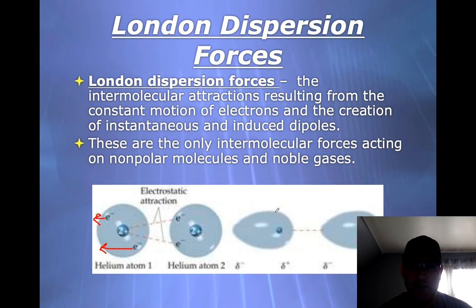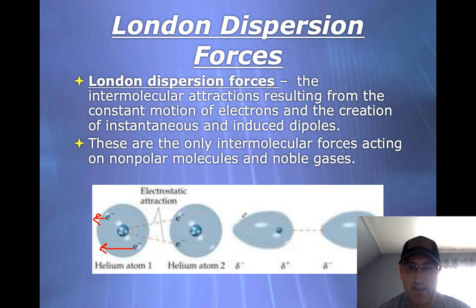So then what you get are uneven electron clouds. So over here, we have sort of a negative side, and over here, we have sort of a positive side. There's our partial positives and negatives. So it's attracted over here to this partial negative and this partial positive. So here's the force of attraction right in here.